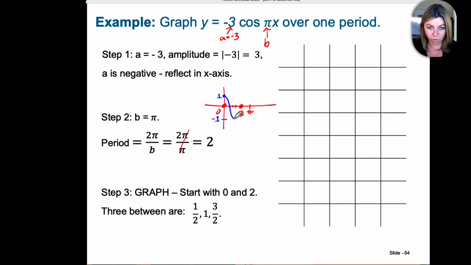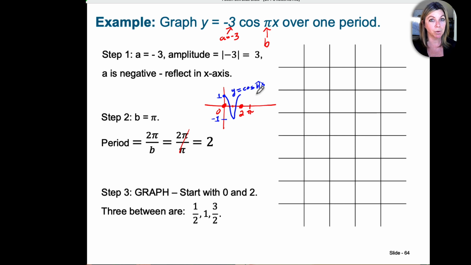We'll pass through 3/4 of the way, and then we'll get to our maximum back at 1 when we get all the way through that period of 2. So this graph right here is 1 period of the function y equals cosine of pi x.